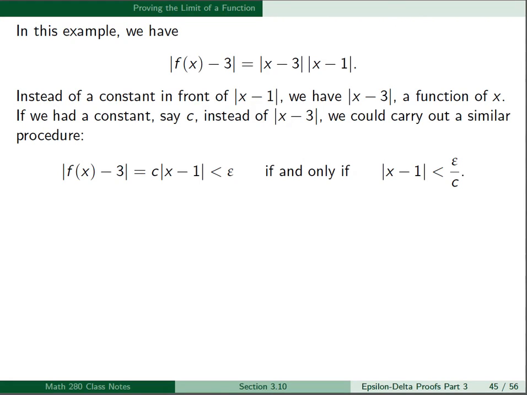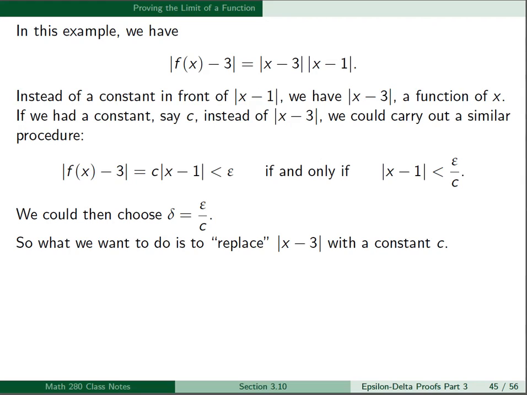We would have the absolute value of f of x minus 3 equal to c times the absolute value of x minus 1, less than epsilon, if and only if the absolute value of x minus 1 is less than epsilon over c. We could then choose delta to be epsilon over c. So what we want to do is to replace the absolute value of x minus 3 with a constant c.